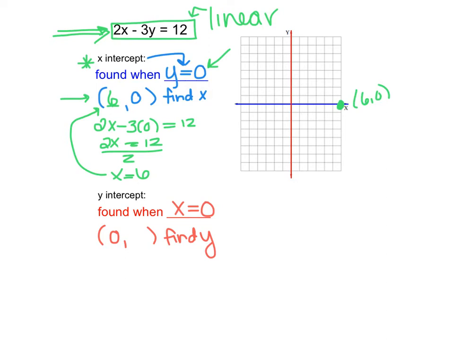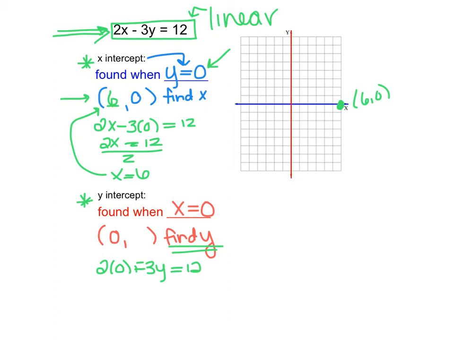And then if I switch gears, I'm going to focus on finding my y-intercept point. So my y-intercept point is found when x is equal to 0, and we're going to take x equals 0, substitute it in for x, and find the y value that pairs with it. So here we have 2 times 0 minus 3y is equal to 12. This is an area where students often make errors, so we can rewrite this subtraction as plus negative 3.